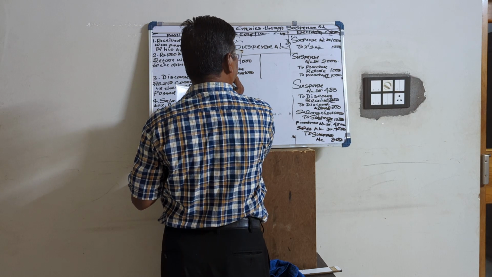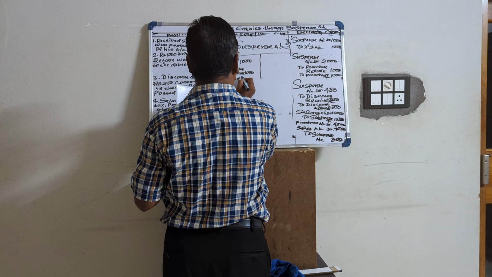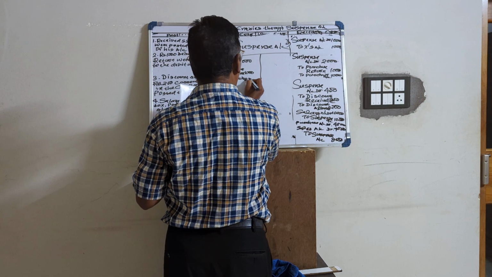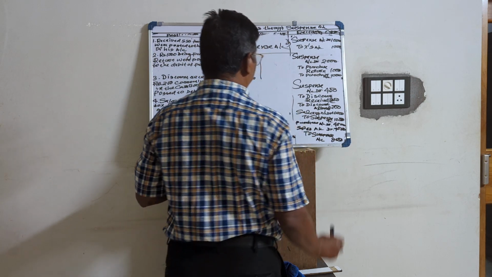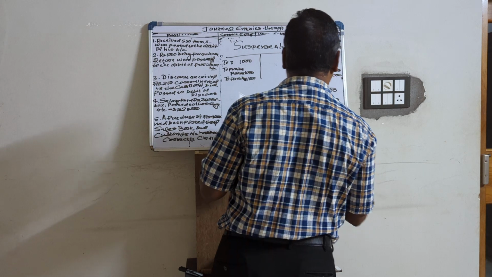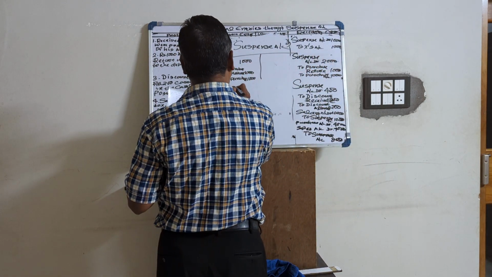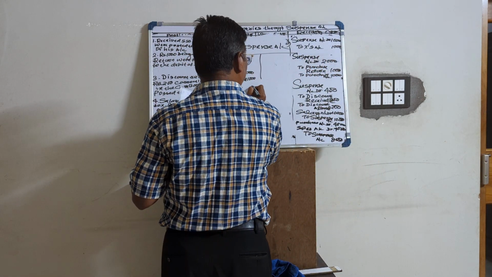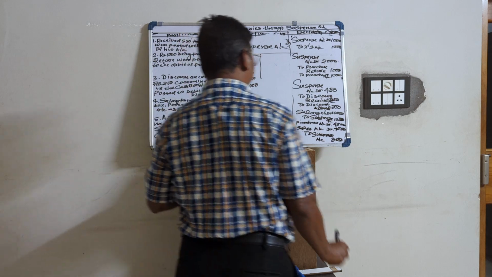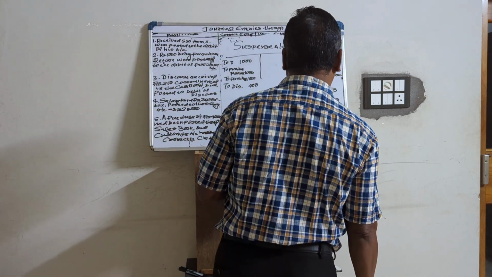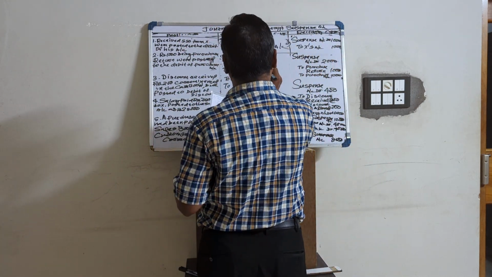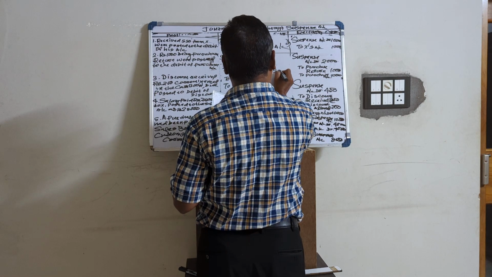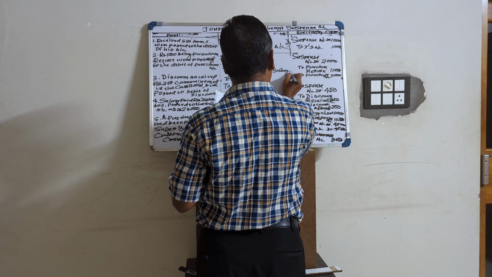Then suspense to discount received and discount allowed; otherwise you can write suspense to discount, both totaling 400. Then salary to suspense: suspense credited by salary, 10,000.